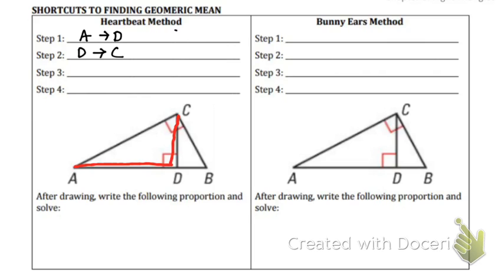We're going to go from C back to D, which is going to look something like that. And then finally, we're going to go from D to B. Does that look like a heartbeat? Kind of. You know, when you're doing the boop, boop, boop. That's why I call it the heartbeat method.